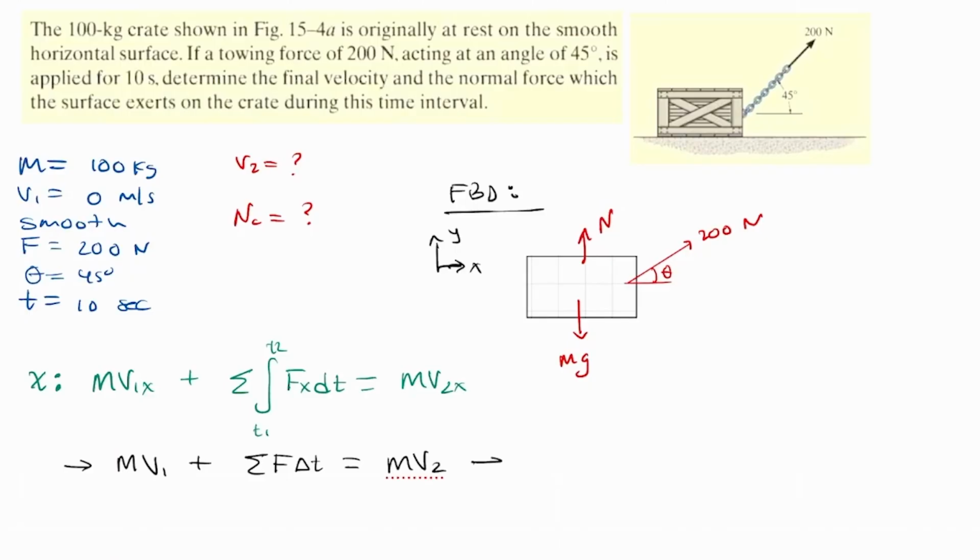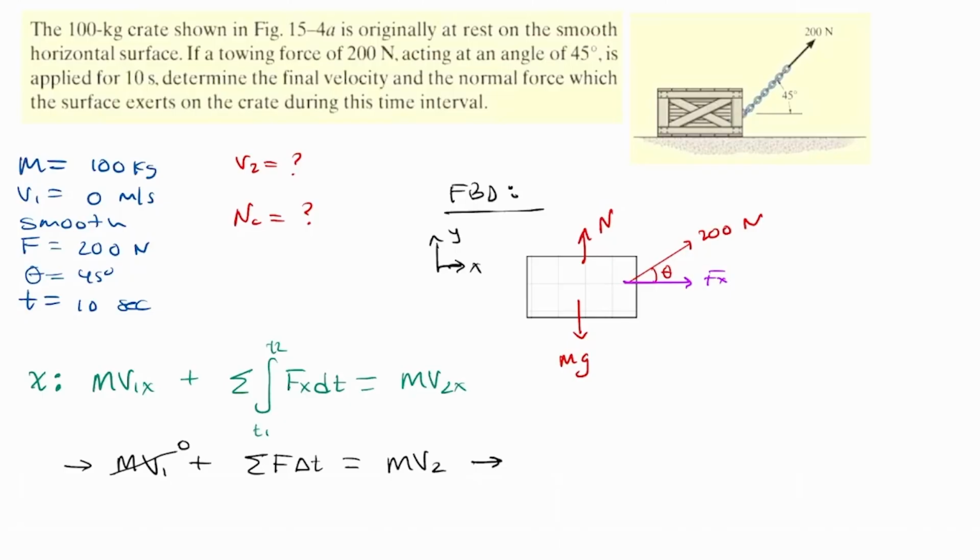So plugging them in, notice because we start from rest, that goes to 0. Which forces do I have in the x? Well, the only force acting in the x will be a component of the towing force. So this will be Fx, which is 200 cosine of the angle.